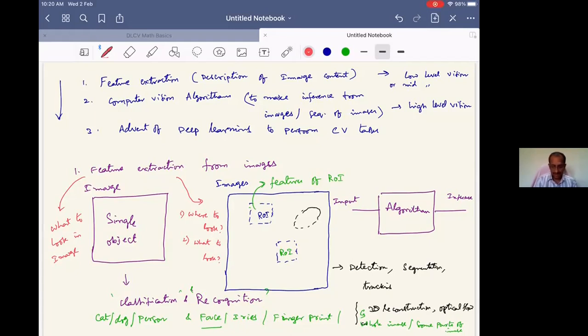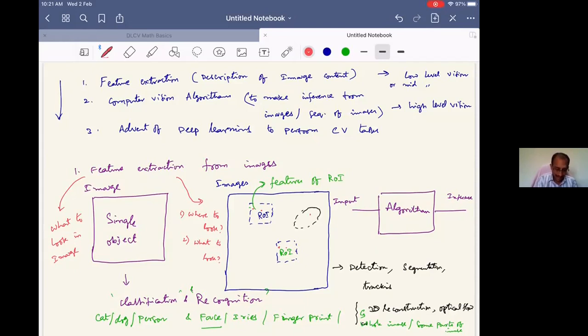When I'm asking where to look, I am trying to say, rather than looking at the whole image, can I pinpointedly say that you look at this region, you look at this region, you look at this region, and then say that here you have important information, around that you just search, or around that you extract. You see what to look. That's all. You don't need to see what to look everywhere. You only need to look around where you identified that regions of interest are. Okay, and then look at it.